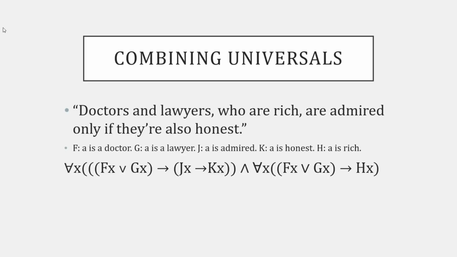That's the left-hand side of that conjunct. And then we're saying this whole totally separate thing, also about doctors and lawyers, that they have the property of being rich. So that is a perfectly good way of symbolizing this sentence. And if you type it into Logic 2010, it will tell you that it has no idea what you're talking about and that you've got it completely wrong.